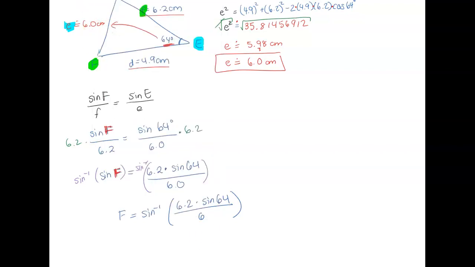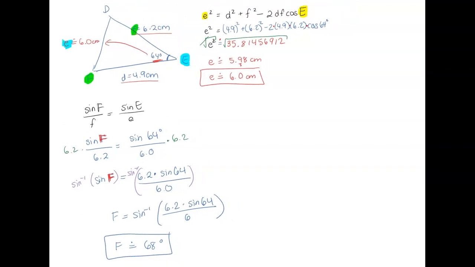Make sure you type in 6.2 times the sine of 64 first, divide that by 6, and now take that answer and do the sine inverse of the answer. So you should get approximately, the angle of F is approximately 68 degrees, okay? And now I've solved another value on here. That would be this one here, so that's 68 degrees.